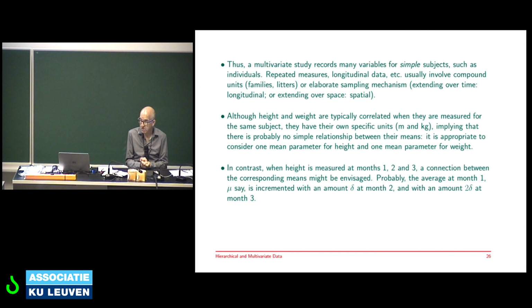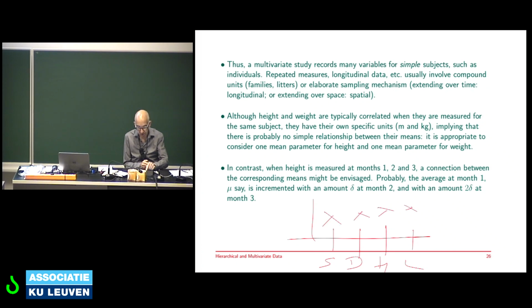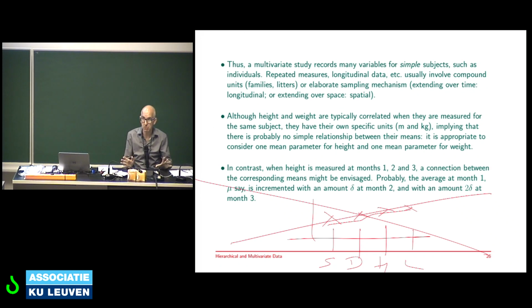Which also means that graphically displaying their profile makes very little sense. So if I say for a subject, this is systolic blood pressure, that's diastolic blood pressure, high-density, low-density lipoprotein, and I create a graph like this, this is utter nonsense. It makes no sense whatsoever.